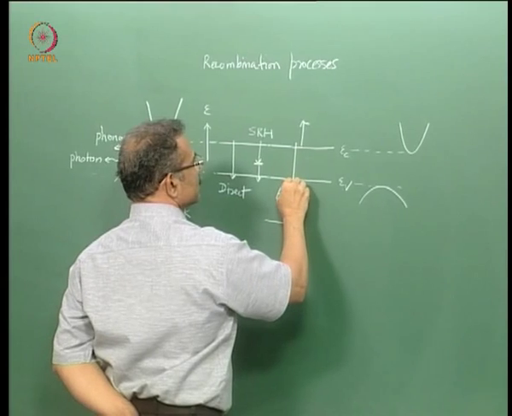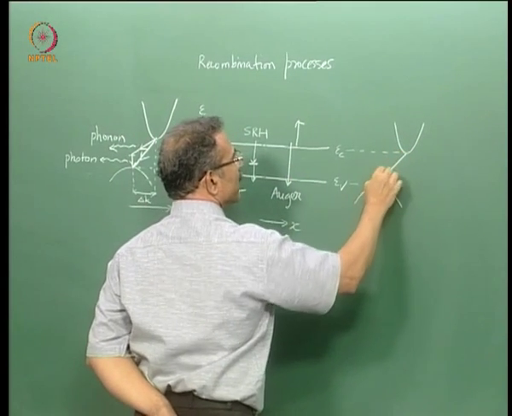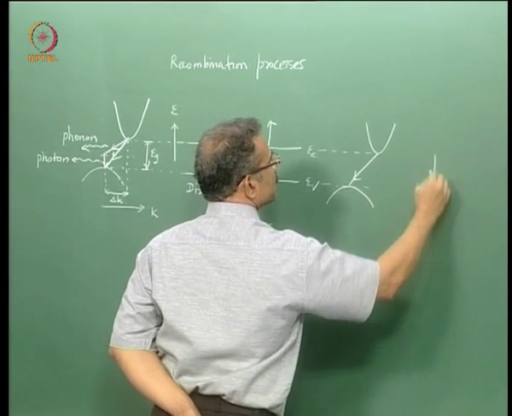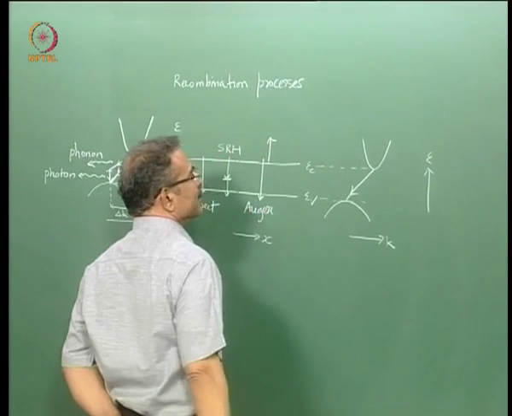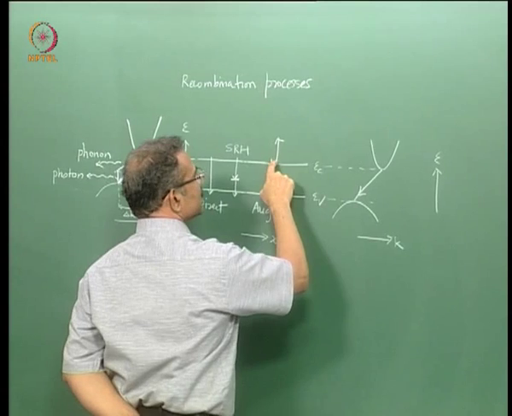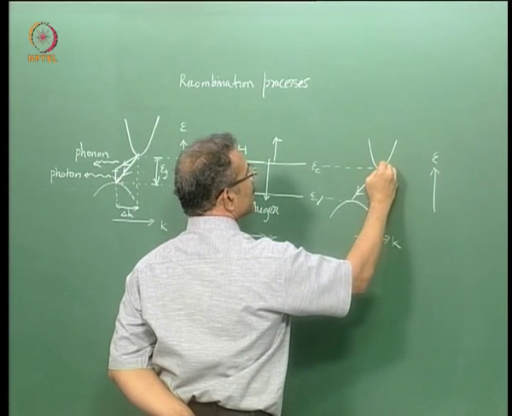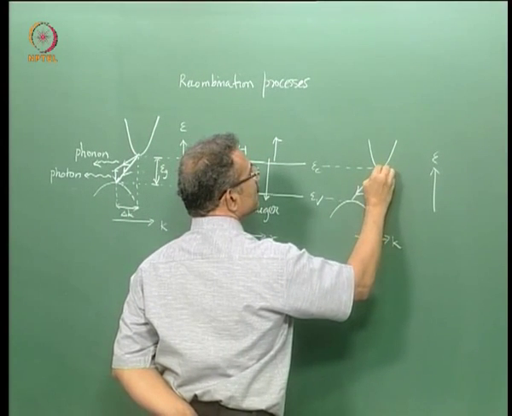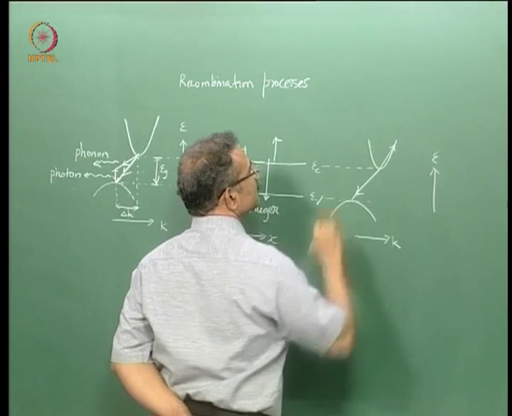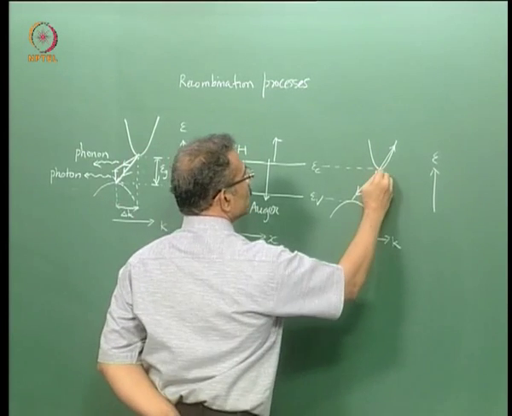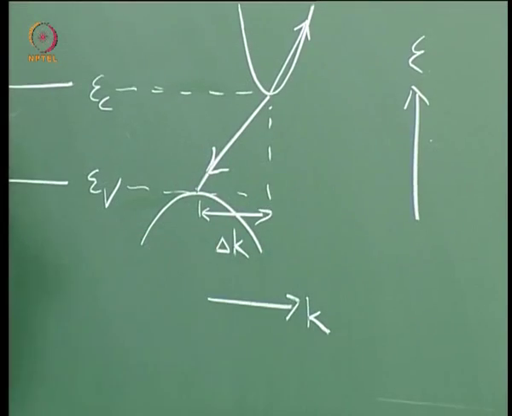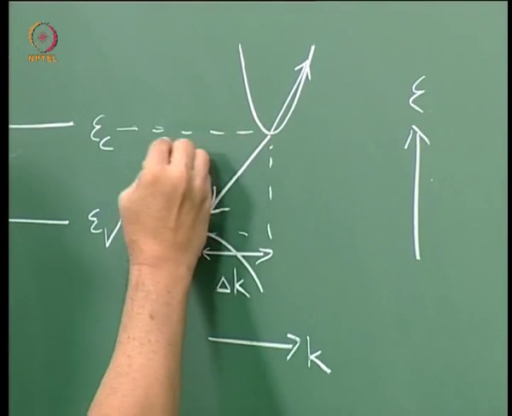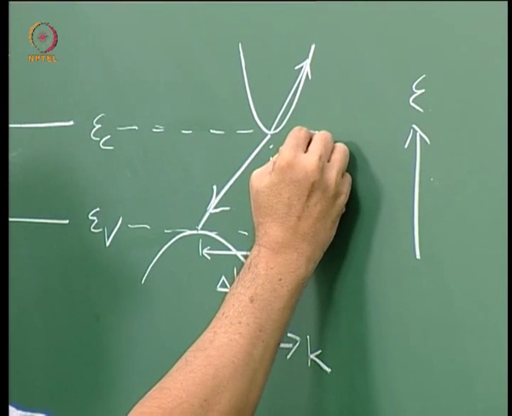So this process is represented by this arrow, this is energy and this is the wave vector, and this process is represented by an electron changing its state in the conduction band, say something like this. So this is the momentum change delta k for the recombining electron, and the energy change is Eg.